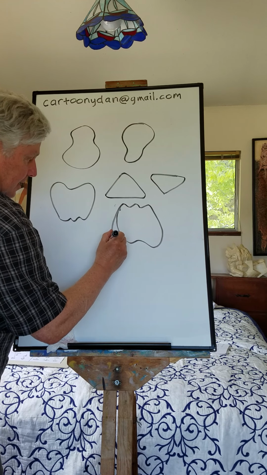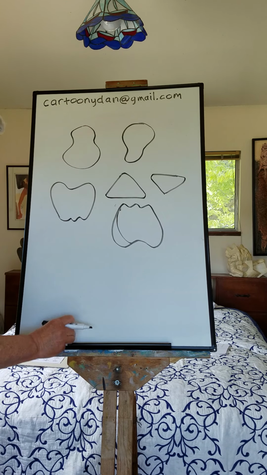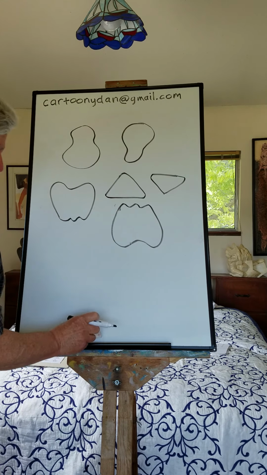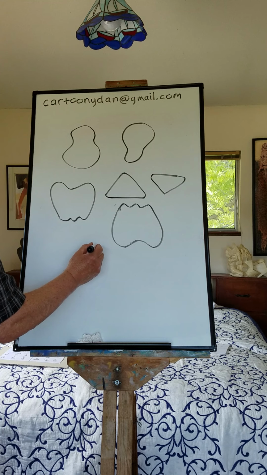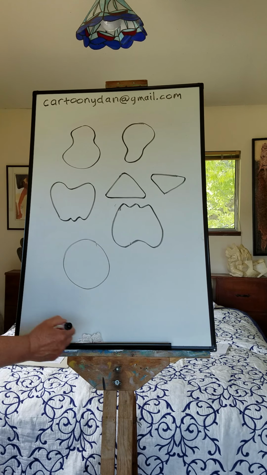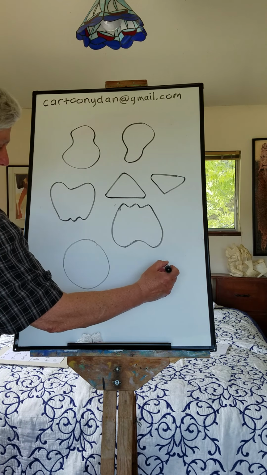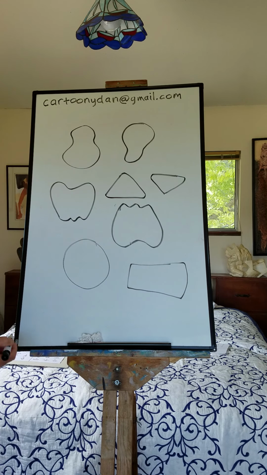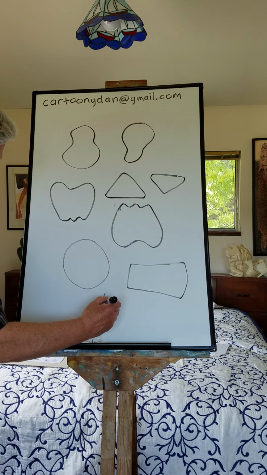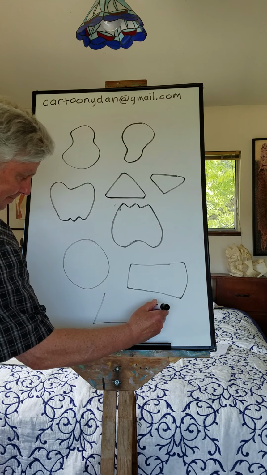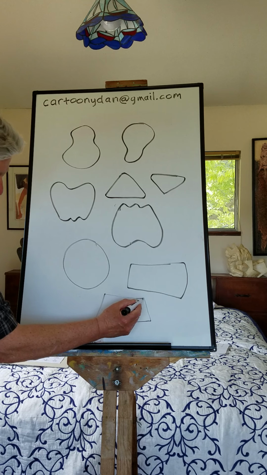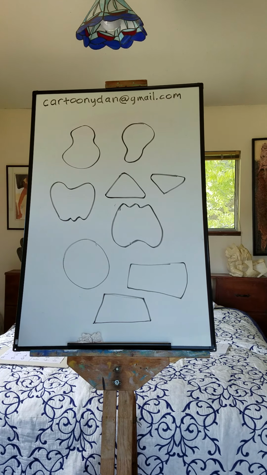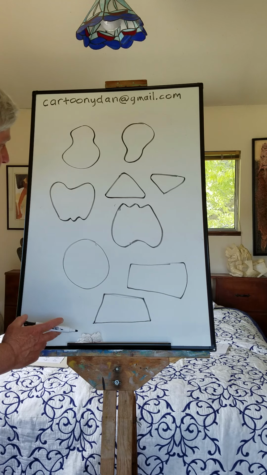And if you don't like it, you can go over and make a correction. So there's just a few shapes. And of course there's the oval or circle and rectangle and all the other shapes that we talked about before. Even the rhomboid. And if that's not a rhomboid, contact somebody and find out for sure.